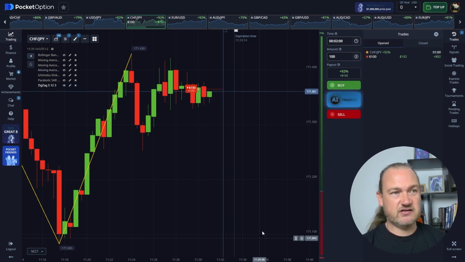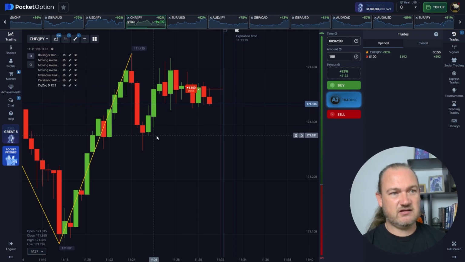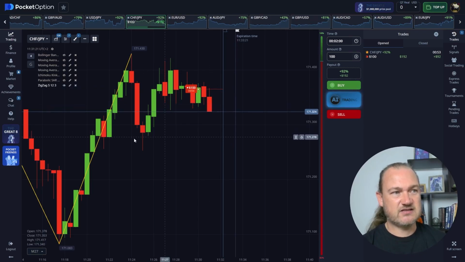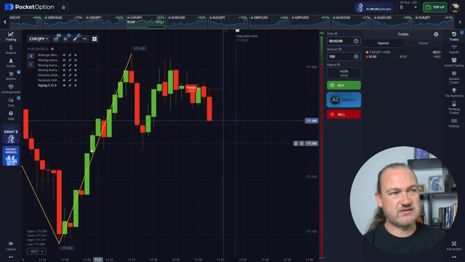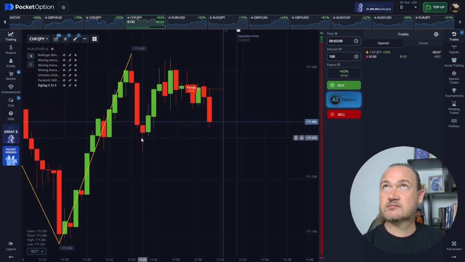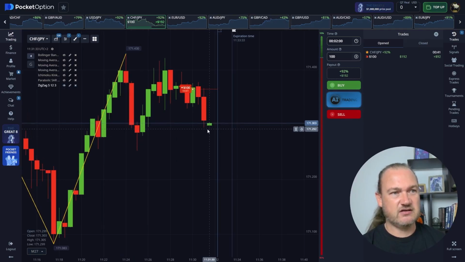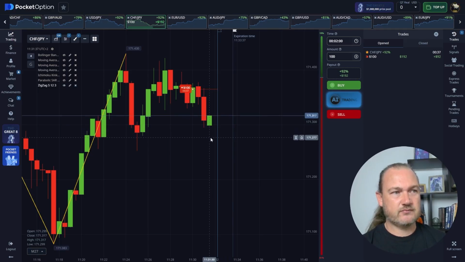Not necessarily a full reversal, but we should see price hit roughly this area here at least, because this is a zone that was already tested twice. We had the test here and the one test here, and we should test it again, I would say roughly around this area here.